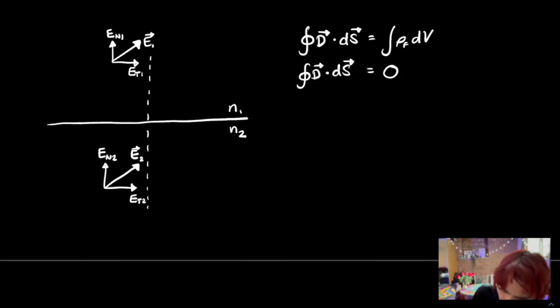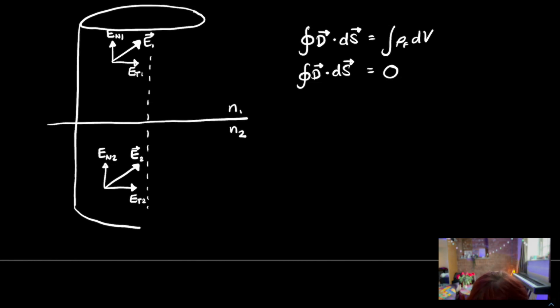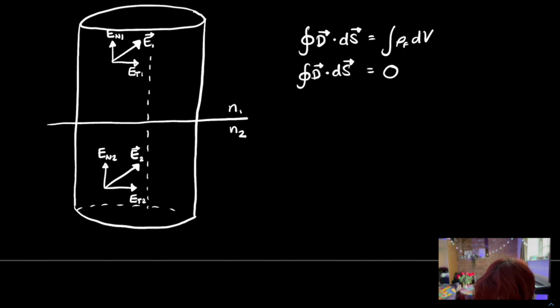Well, we actually use something that's called a pillbox. A pillbox is essentially a cylinder, or you could actually use a square, but we're going to use a cylinder. It actually doesn't matter in this case, and you'll see why later. And this cylinder kind of straddles the surface right here. So this is our Gaussian surface that we have constructed.